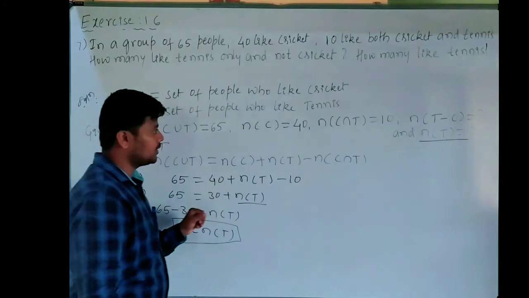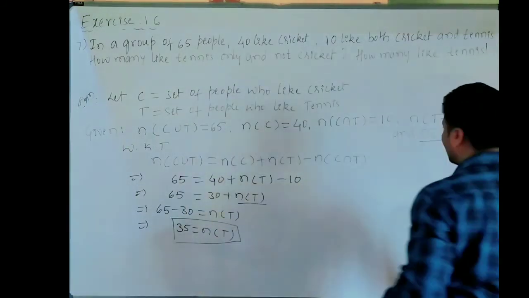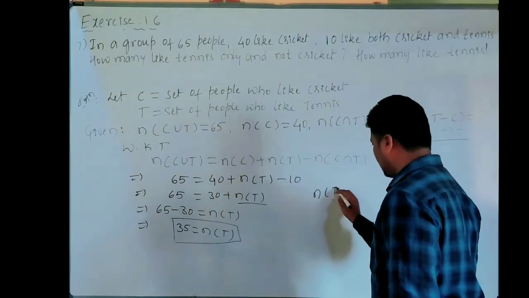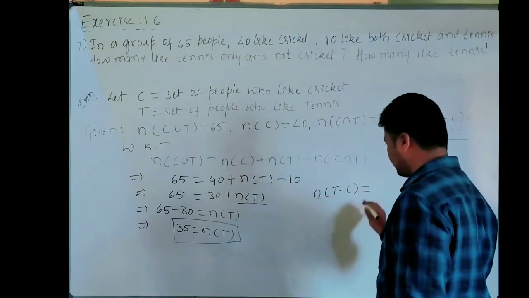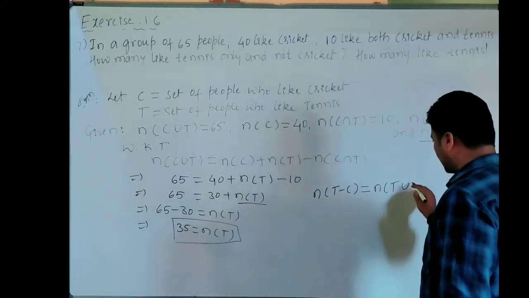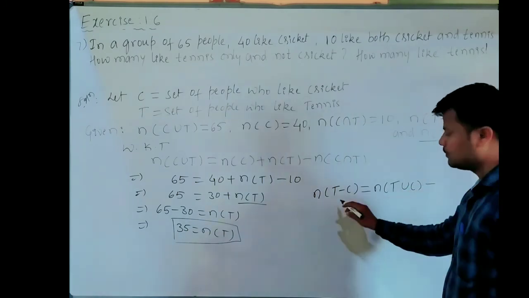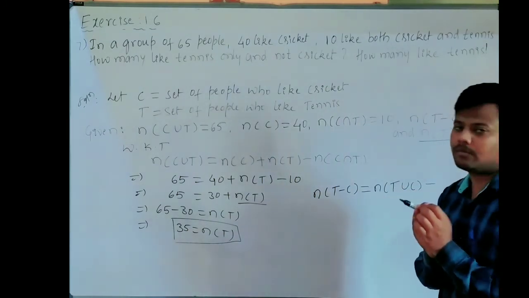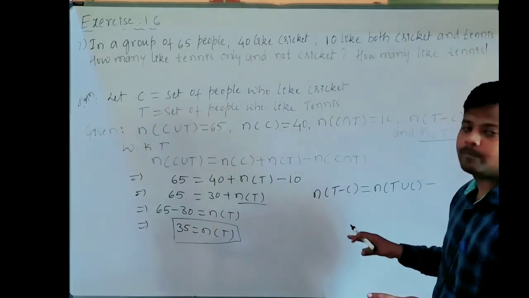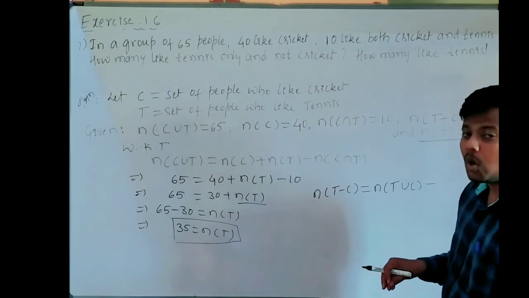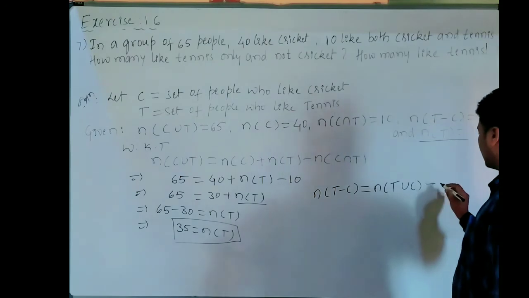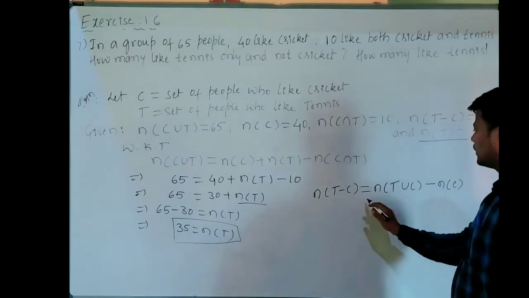Next we have to find one more thing, n of T minus C. If we want n of T minus C, from the whole n of T union C, what should I subtract? I need purely T, the number of people who like tennis only. So the number of people who like either tennis or cricket minus the number of people who like cricket, that means n of C. You will get the answer.